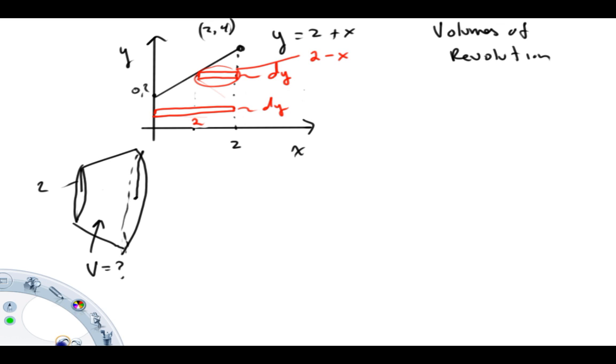All right. Now, when we take either of these rectangles, and I'm just going to do one of them, it doesn't matter which, and revolve it about the x-axis, what we're going to get is a geometry that's going to look like this. It's going to look a little bit like a can.